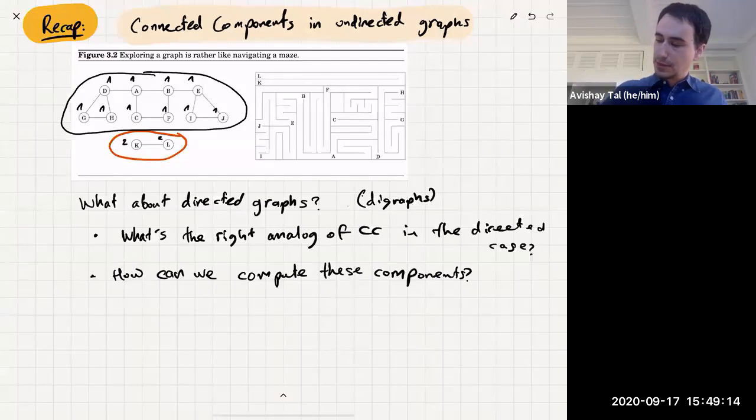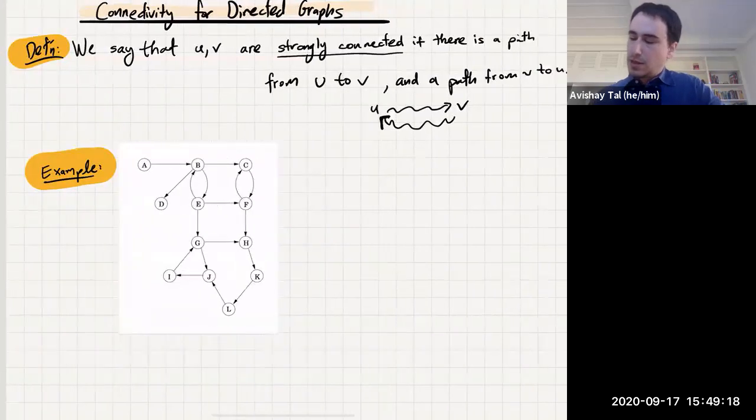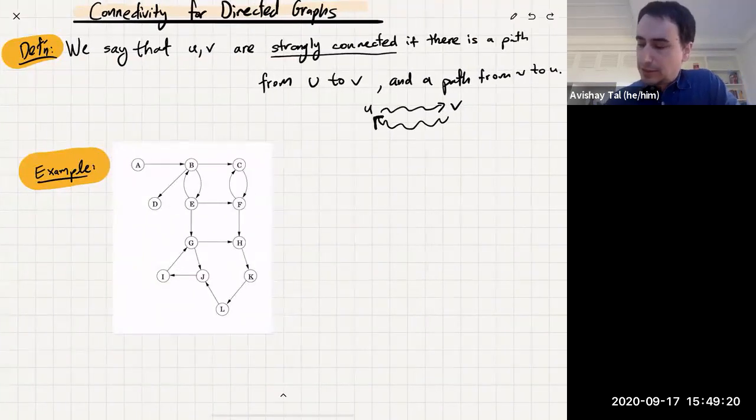All right, so let's start. Connectivity in directed graphs: we say that two vertices u, v are strongly connected if there's a path from u to v and also a path from v to u. So I want to be able to go via directed edges from u to v and also via directed edges from v to u.